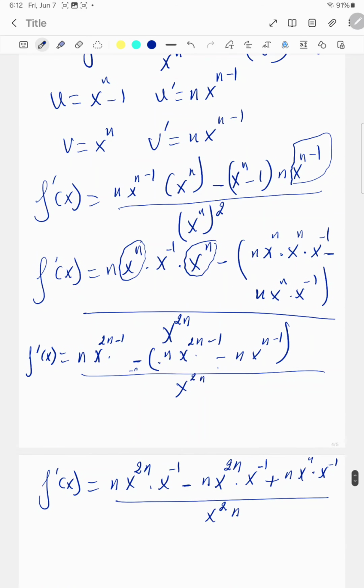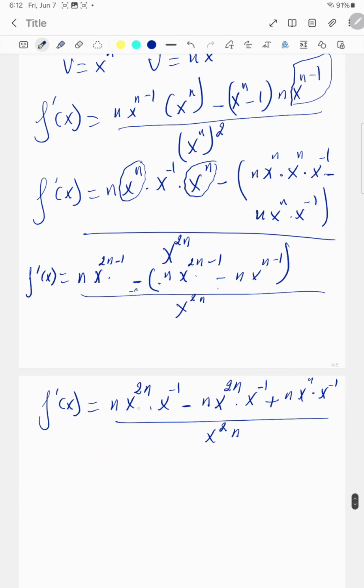So here I have x to the power 2n times x to the power minus 1. This is plus and this is minus. I can take them out. And here I have x to the n, so f prime of x is equal n x to the power of n minus 1 divided by x to the power 2n.